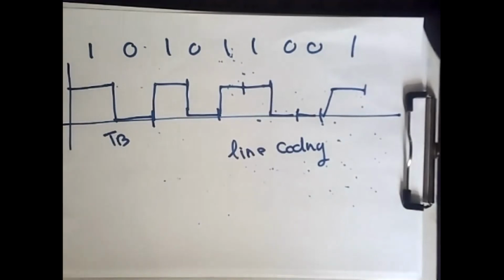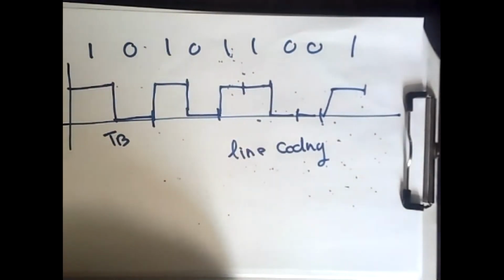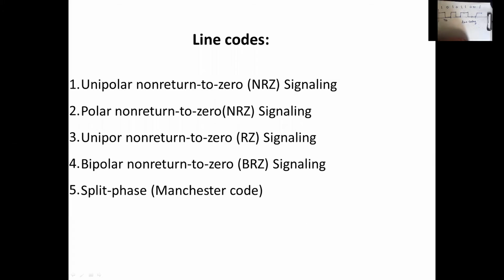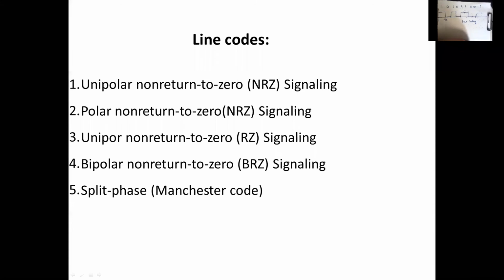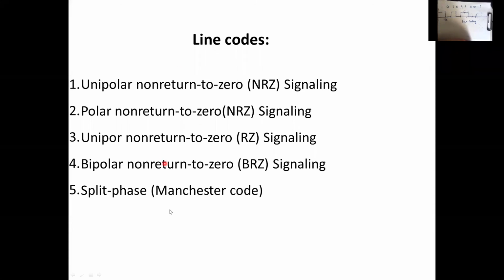I believe that you, as a computer engineer, may already be aware of some of them. So let's make a very brief discussion regarding these line coding techniques. Okay, so here are some of these line coding techniques.